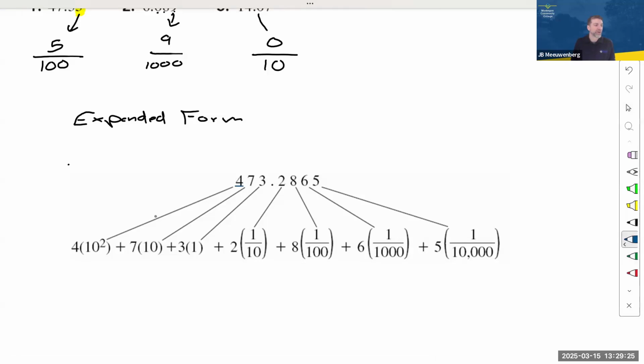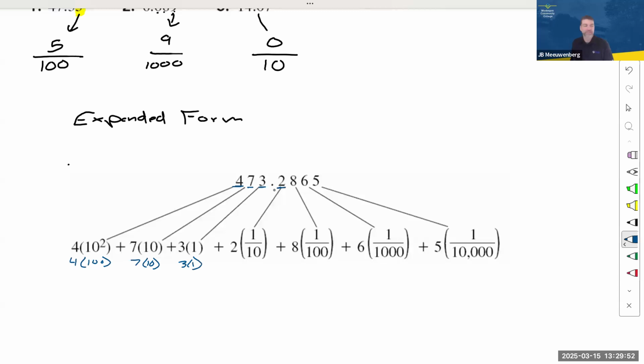The 4 is in the hundreds place, so it's 4 times 10 to the second, or 4 times 100. The 7 is in the tens place, so the value of that number is 7 times 10, or 70. The 3 is in the units place, or the ones place, so its value is 3 times 1, or just 3. And then we go into the decimal values.